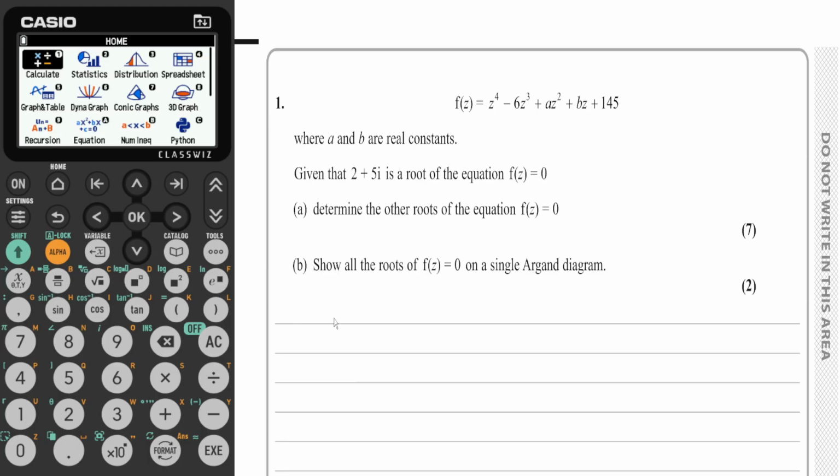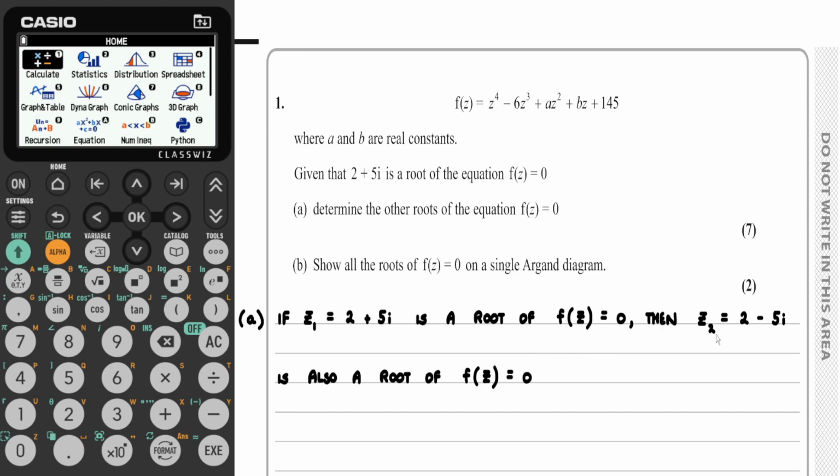Now we know that if we've got one of the roots being a complex number, the other root will be the complex conjugate. So, if z1 equals 2 plus 5i is a root of f of z equals 0, that means z2, which is equal to 2 subtract 5i, the complex conjugate of 2 plus 5i, is also a root of f of z equals 0.